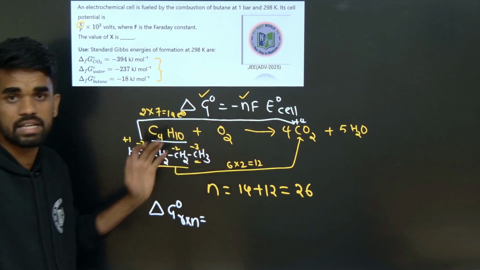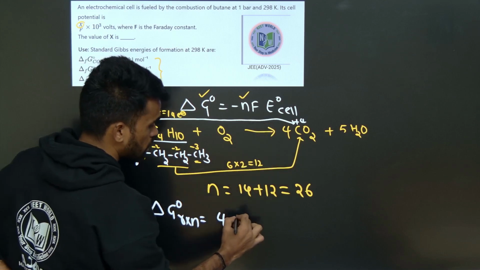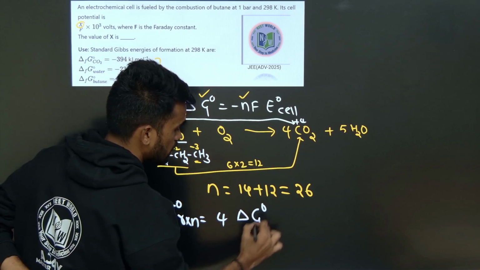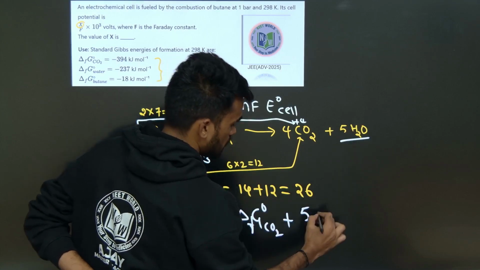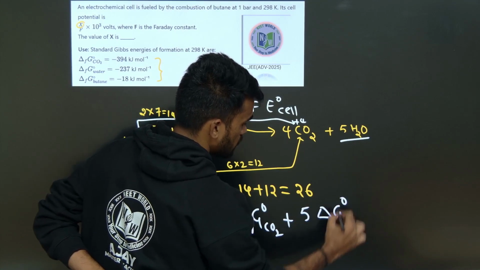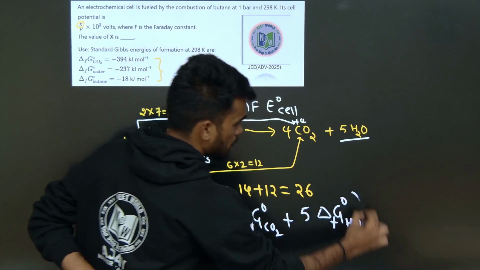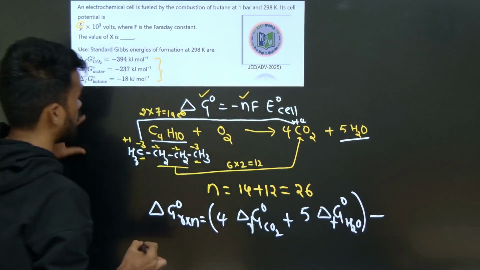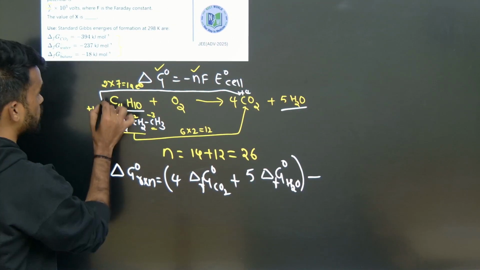So 4 into delta G naught F of CO2 plus 5 into delta G naught F of water, these are the products formed, minus the reactant, butane. We take minus how many butanes? 1.